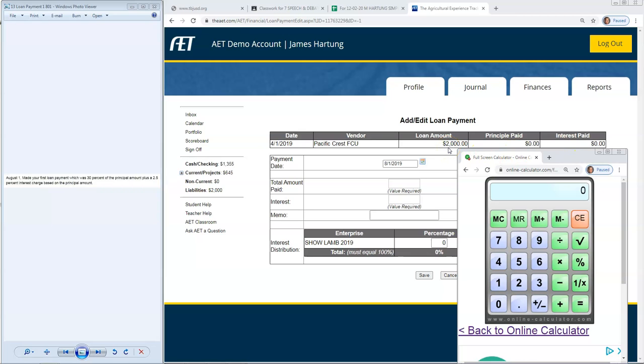So the first calculation then is going to be this 30% of the outstanding principal amount, which is the original loan amount of $2,000. So like we did in our practice sessions for percentage, we need to take that 30% and convert it to a decimal value.